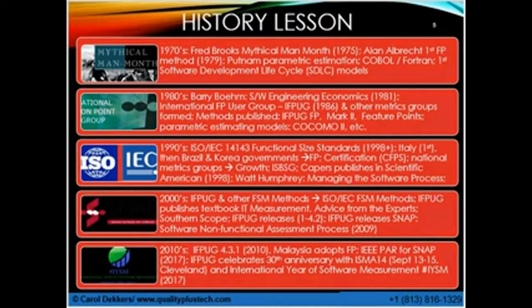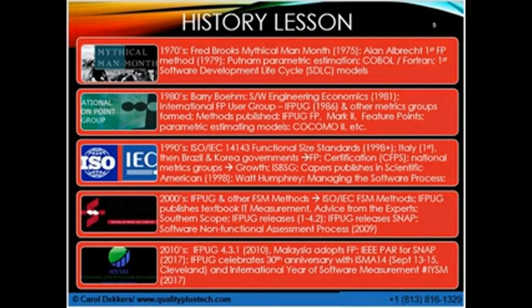In the 80s, Barry Boehm out of the University of Southern California Sunset Center came out with his Software Engineering Economics in 1981. The International Function Point Users Group was established in 1986, and other metrics groups started to form around the world. The 1990s really gave rise to the International Organization for Standardization, or ISO.